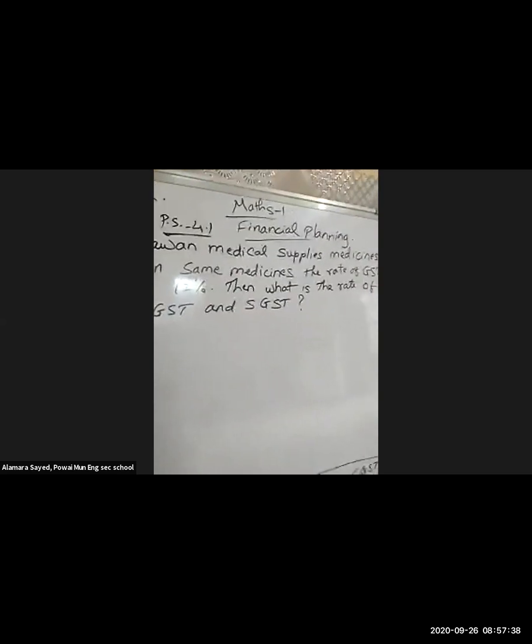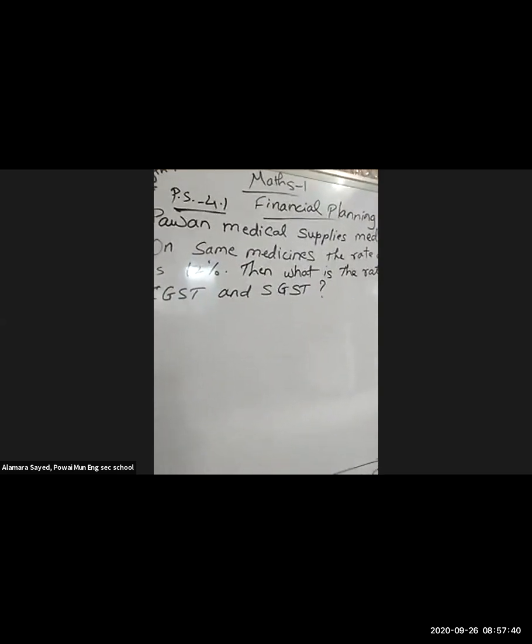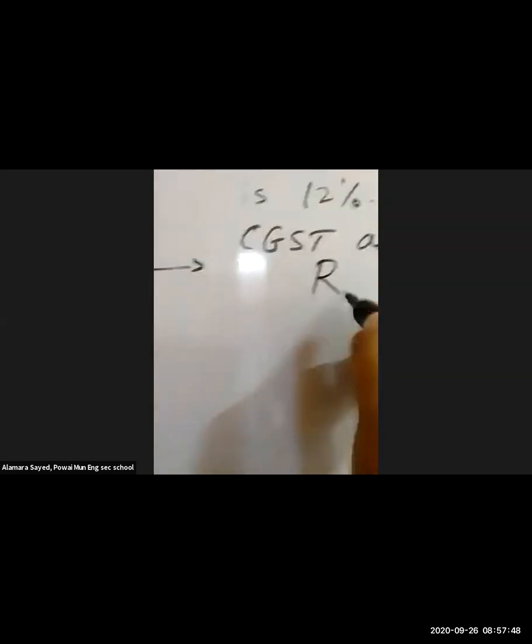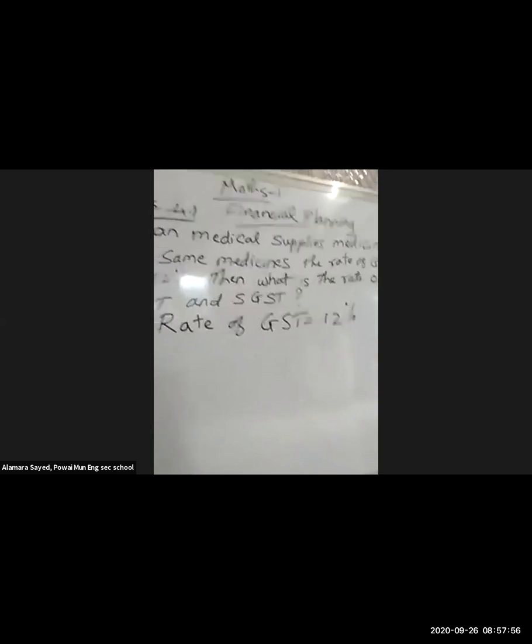Then what is the rate of CGST and SGST? As we discussed last time, the rate of GST is given here. So first write down the rate of GST, which is equal to 12%.